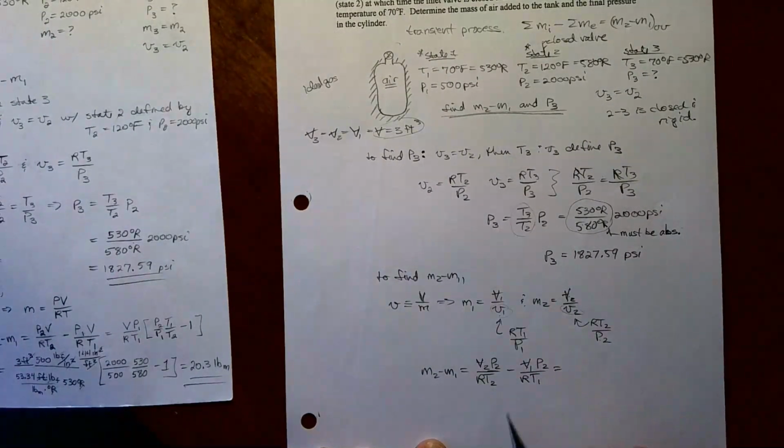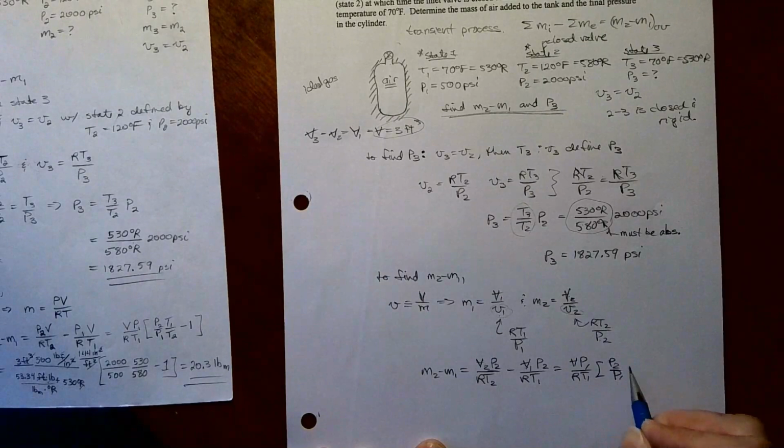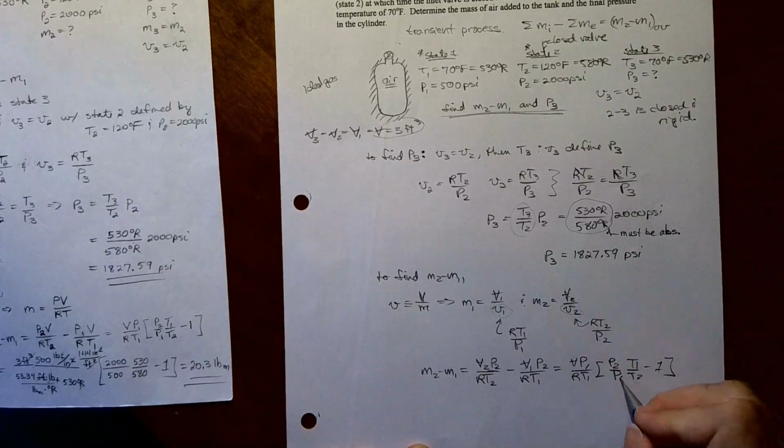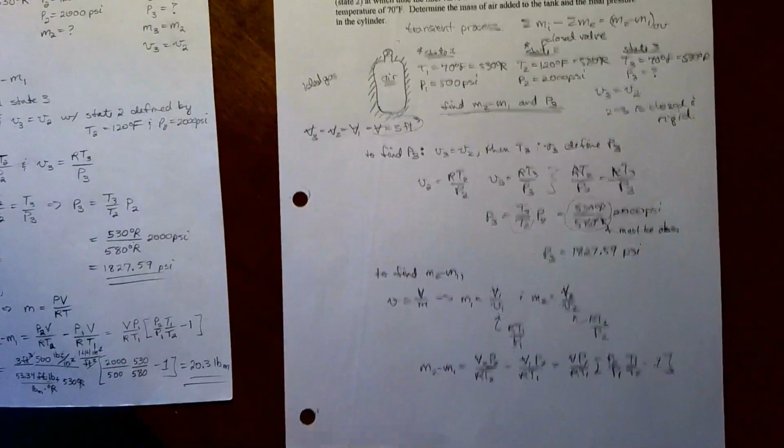So we can substitute in numbers anytime you want here. I'm going to go ahead and say that volume is constant. I'm going to factor out and make that V1 over RT1 times P2 over P1 times T1 over T2 minus 1. I just did a little bit of algebra to put things in terms of a ratio there.